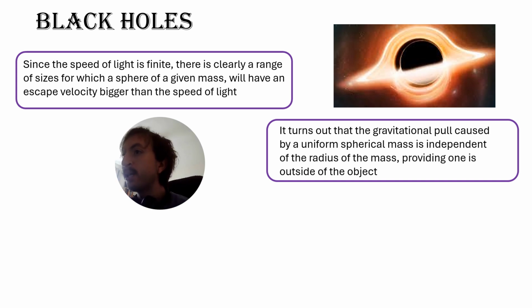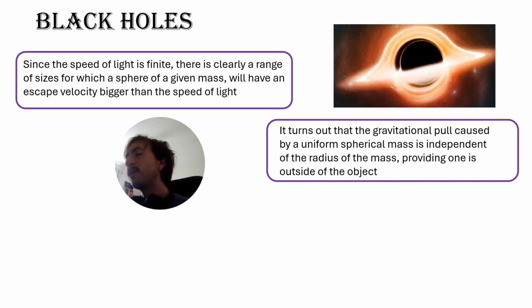This property essentially says, providing you're outside of an object, and that object is spherical and has uniform density, then the gravitational force you would feel from that object is actually independent of the radius of the object, meaning even if the core of our star collapses below the region where the escape velocity is the speed of light, our object will still generate a surface somewhere in space, or a region in space where the escape velocity is equal to the speed of light.